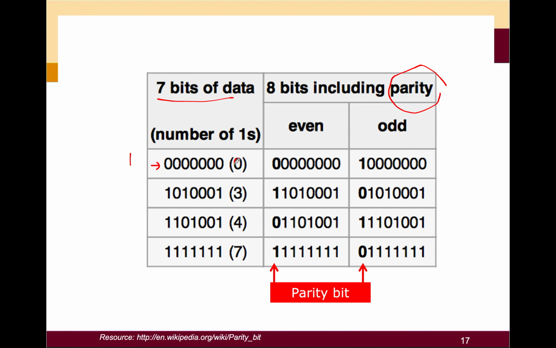So that's why it is 0. Is 0 ganjil or genap, or even or odd? It is an even number. So if it's an even number, if you want to have the even parity, you will get 0, and if you want odd, you're going to have 1. So you need to remember the tables, how they look.